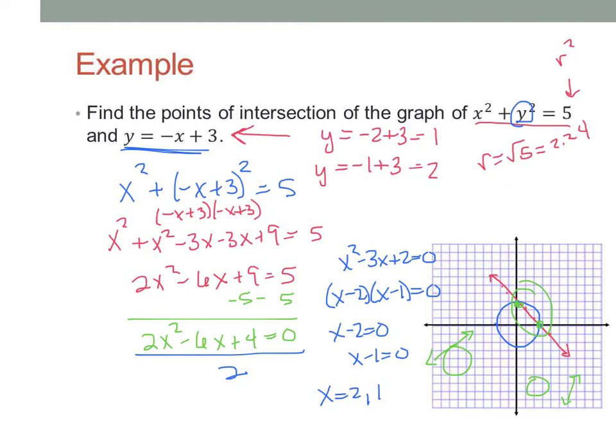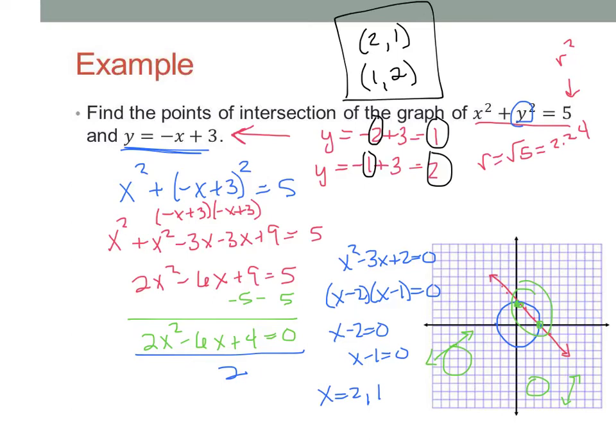So before we get too lost, when x is 2, y was 1, there's one point where they intersect. And when x was 1, y was 2. That just happens that they're opposites like that. Those are the 2 points where my circle and line intersect. So that is solving using substitution.